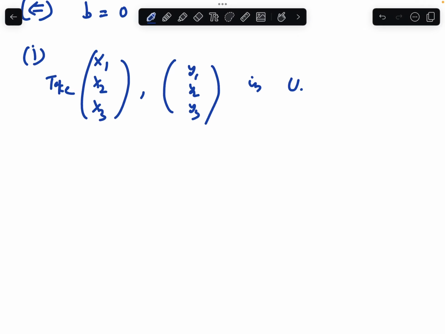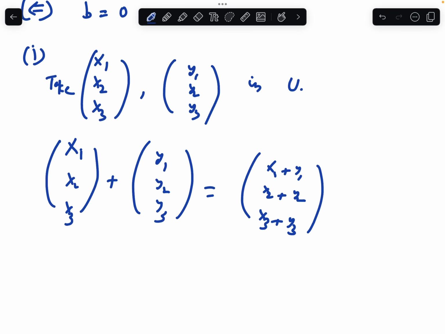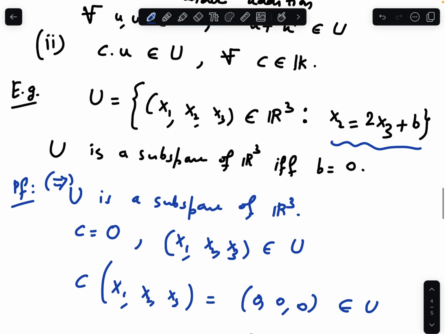Now check if the addition is inside U or not. So what is the addition? This is x1 plus y1, x2 plus y2, x3 plus y3. Is this inside U? How do we know if it's inside U or not? We have to verify this thing.